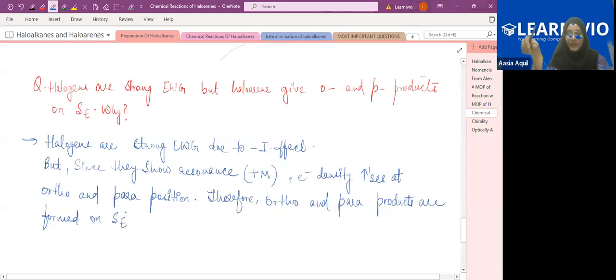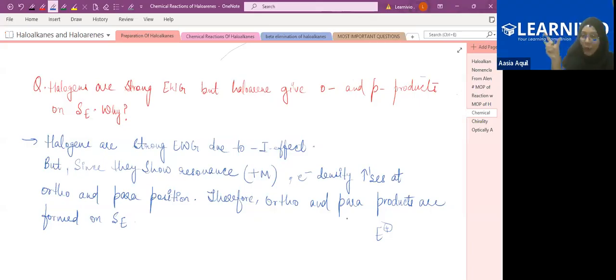Due to the plus M effect, the electron density increases at ortho and para position, and that's why, because we know very well, electrophile is electron deficient. Where will it attack? Where the electron density is more, right? So when you draw the resonating structure, you will get to know that ortho and para position has more electron density, so negative charge is more.